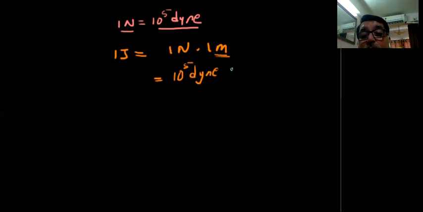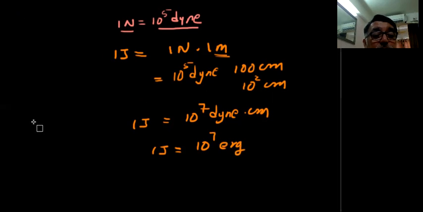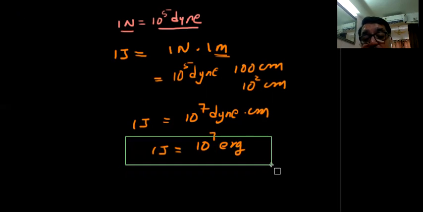And what is 1 meter? 1 meter is equal to 100 centimeter, or 10 to the power 2 centimeter. So altogether, 1 joule equals 10 to the power 7 dyne centimeter. And we know dyne centimeter is erg. So 1 joule equals 10 to the power 7 erg. This is the relationship between the CGS and SI unit of work.